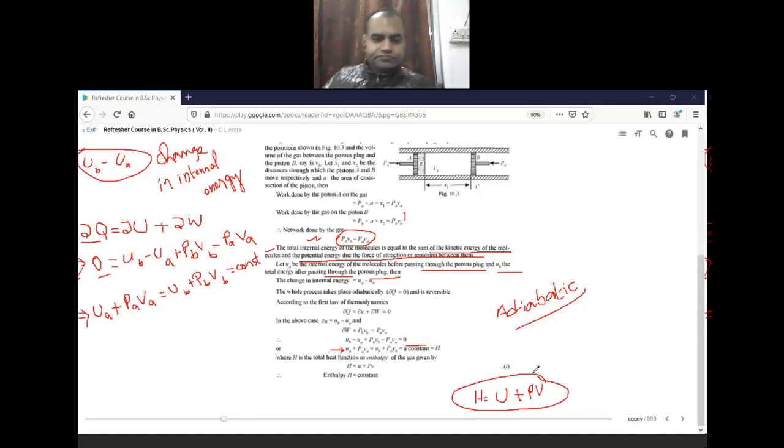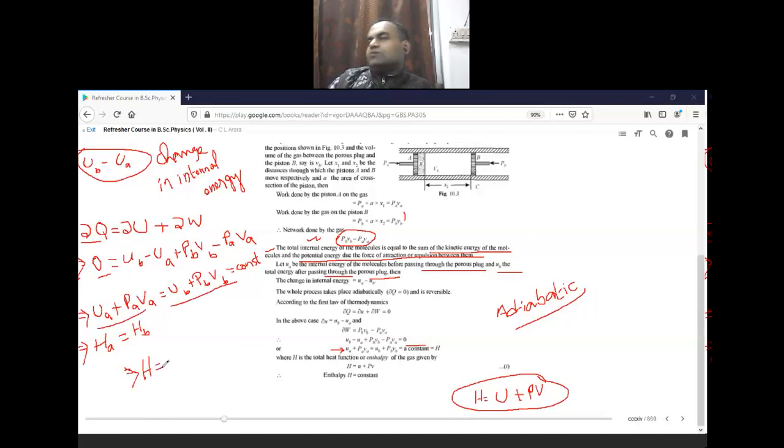So we can write Ua plus Pa Va equal to Ub plus Pb Vb, so that Ha equals Hb, the enthalpy of one part and the enthalpy of the other part.